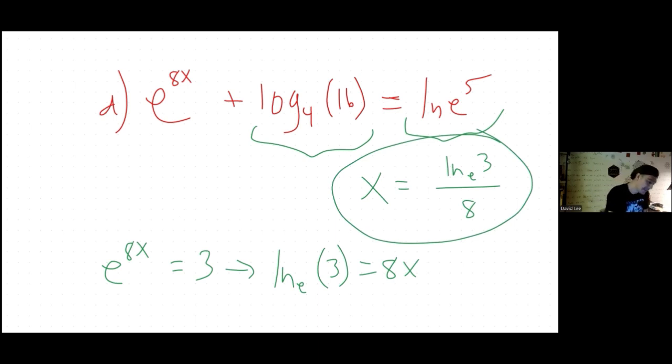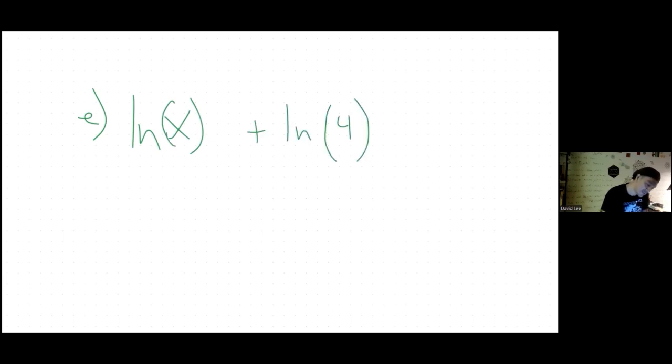All right, one more for today. Example E. Check out what this says. Example E, we have natural log of x in parentheses plus the natural log of 4 in parentheses equals the natural log of, let's say, 2x plus 7.